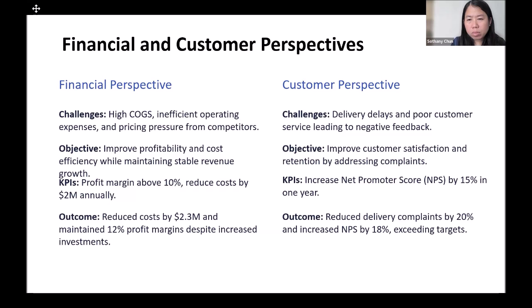And the outcome we got is that customer complaints about delivery delay were reduced by 20%, and we got NPS increased by 18%, surpassing the target, as customers noted faster delivery and better service than before.